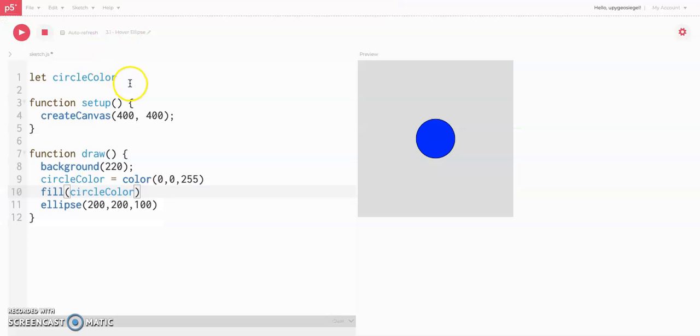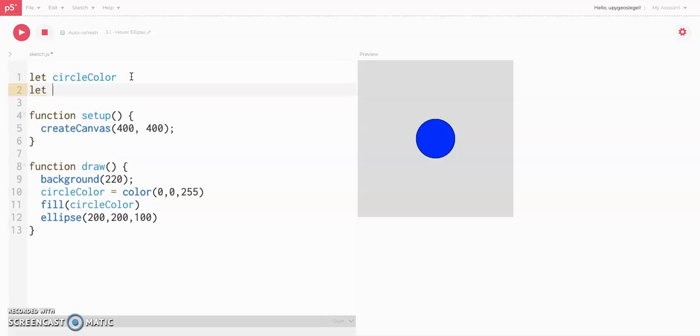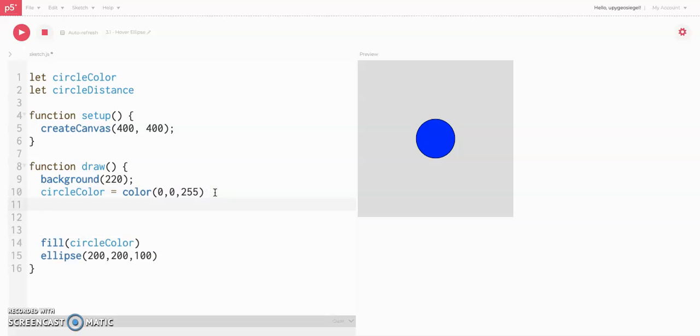So here's how you're going to do it. Follow these steps. We're going to make a new variable. So we're going to say let circleDistance. This is where we're going to store how far the mouse is from the circle. Then underneath our circleColor, we're going to store something inside of this variable.